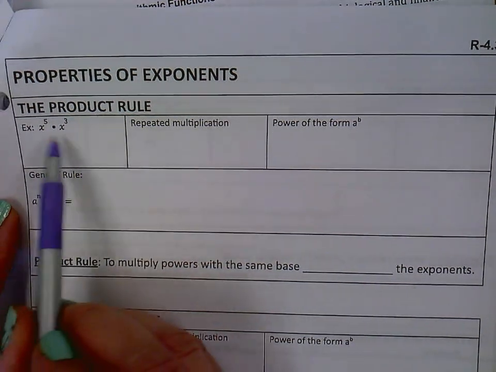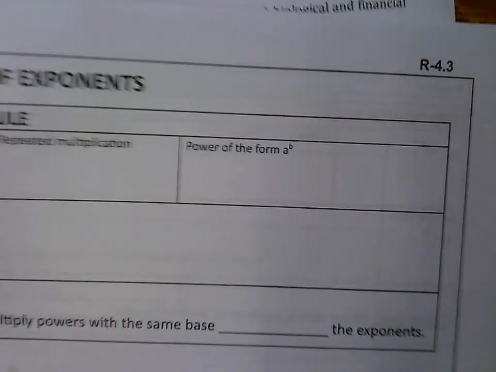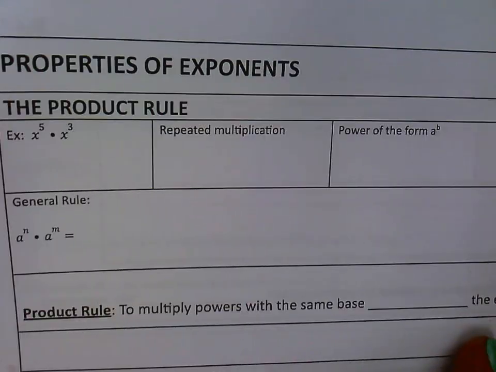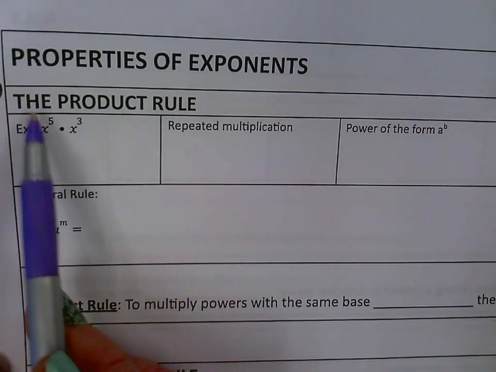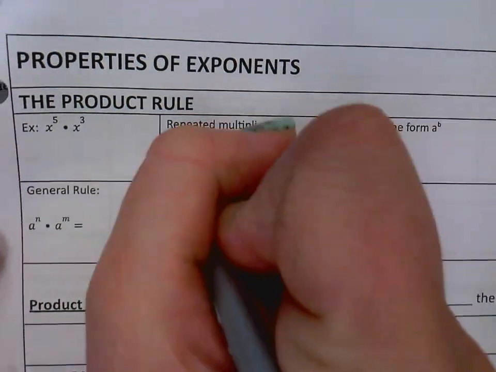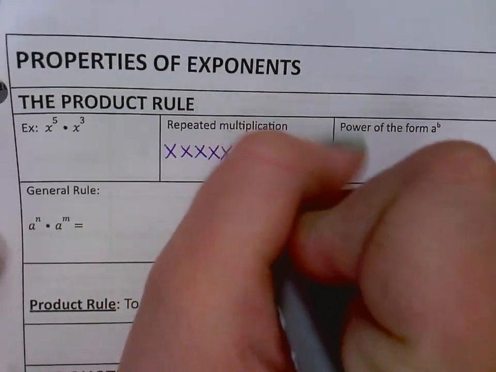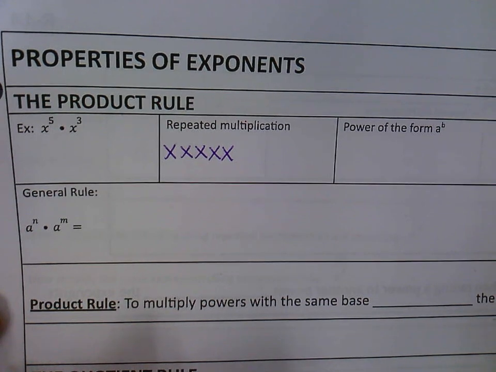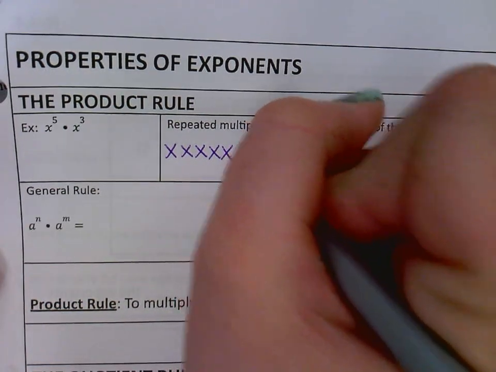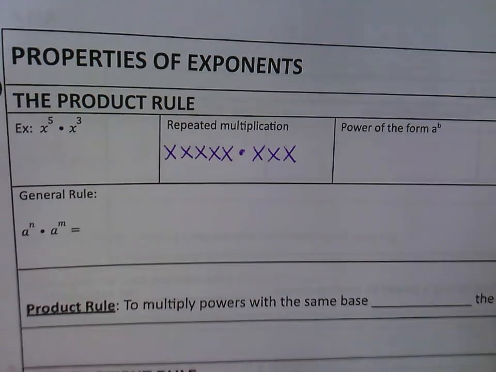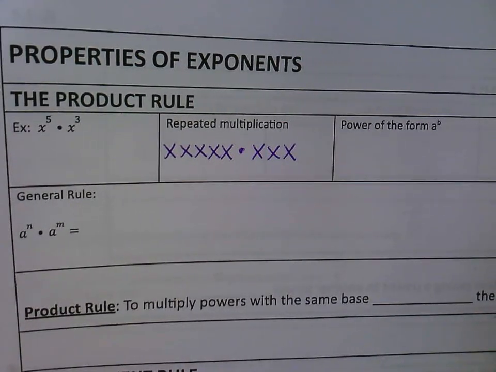You might have seen this before in Algebra 1, I'm not sure. But how can I figure out a rule? Let's write out what x to the 5th actually means. X to the 5th means x is getting multiplied by itself 5 times, right? What does x cubed mean? It means x is getting multiplied by itself 3 times.